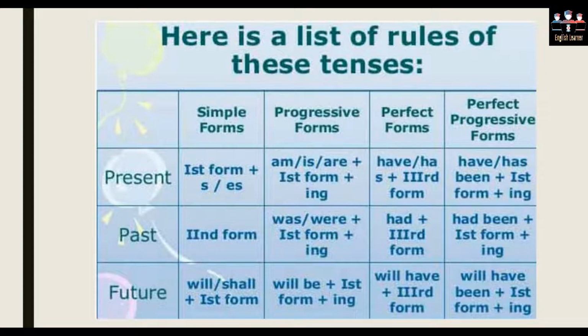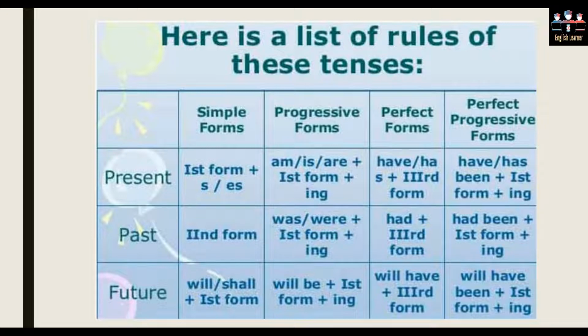Similarly, if you are going to make it a negative sentence, you can use not with it, like have not been, has not been. Similarly, in order to make a question sentence, you are going to place this helping verb at the start of the sentence to give it an interrogative sense.